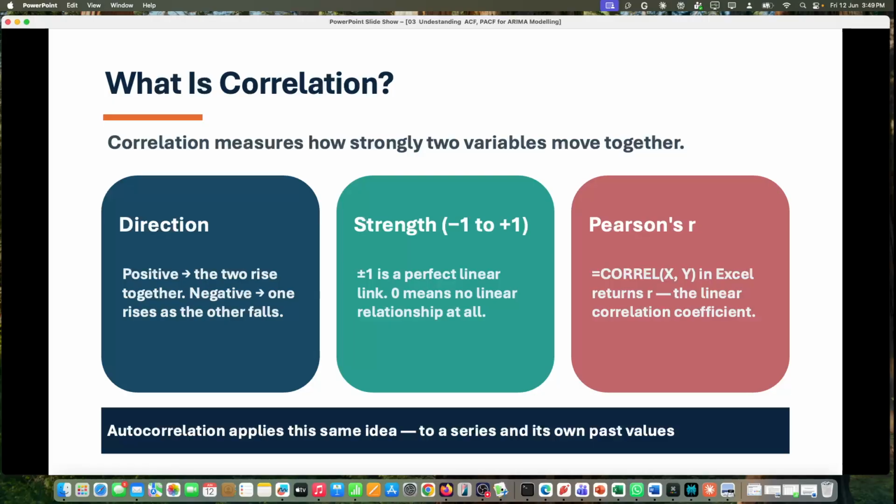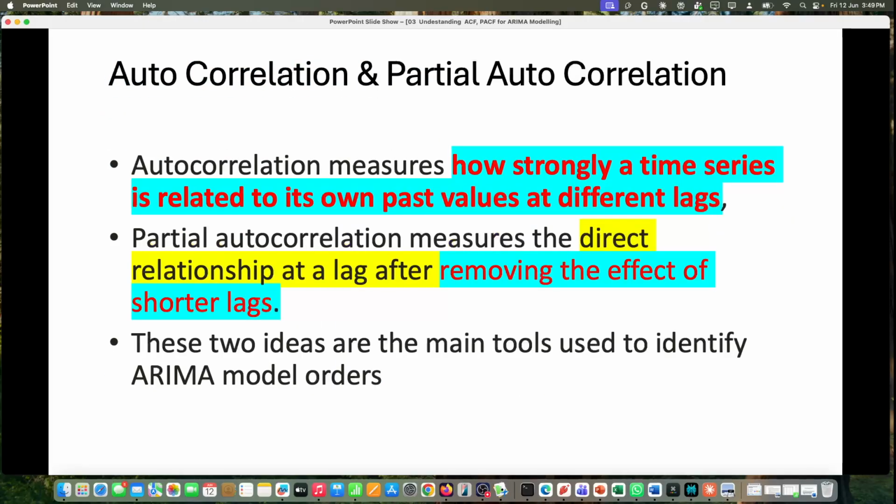And what is autocorrelation? Autocorrelation applies the same principle. Here we are not discussing x and y; we are discussing the same series with its own past values. That means y is a series of data, yt is the data today, and yt-1 is the previous value. Autocorrelation measures how strongly a time series is related to its own past, and past means we are using lag values.